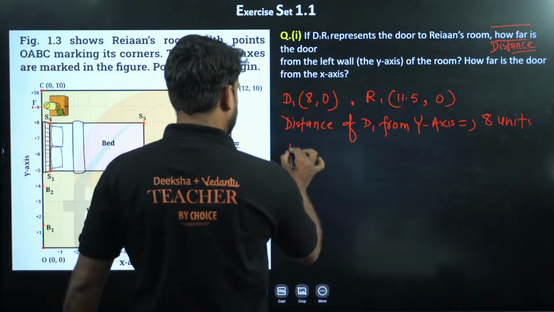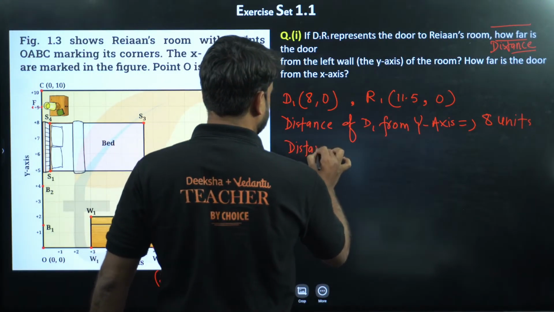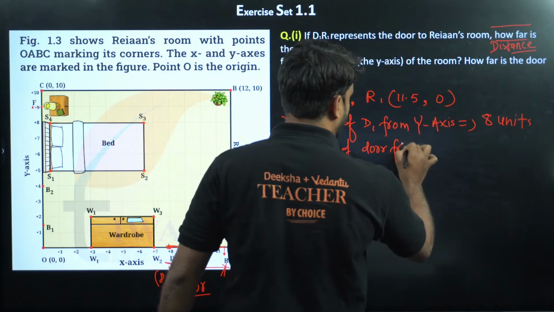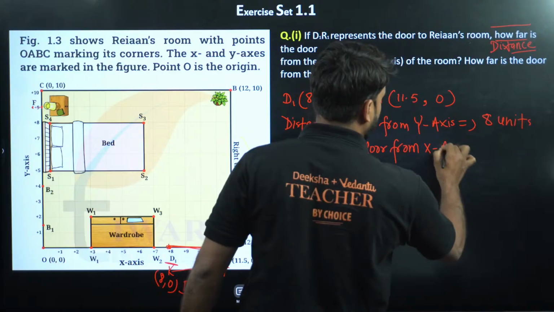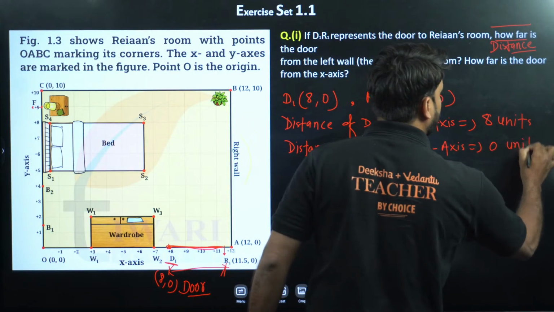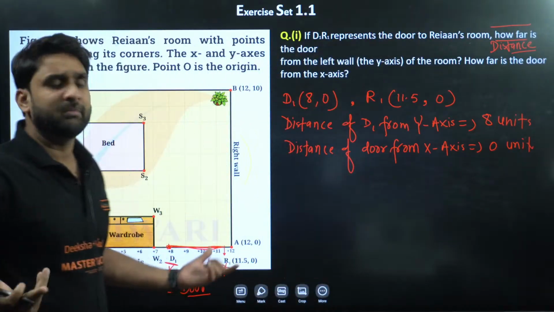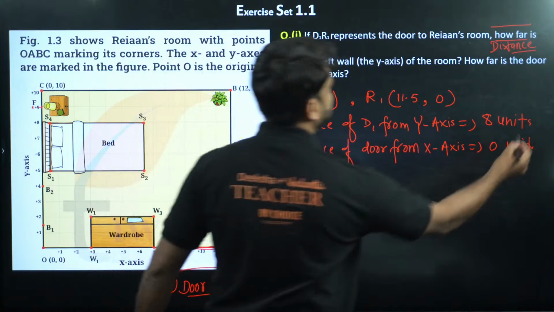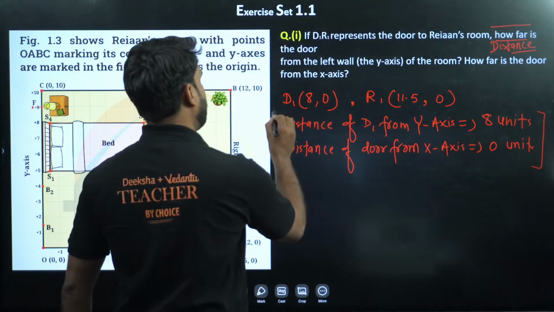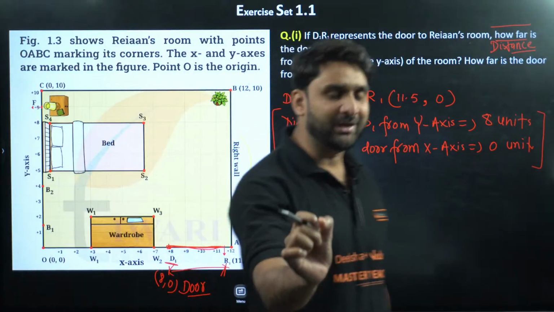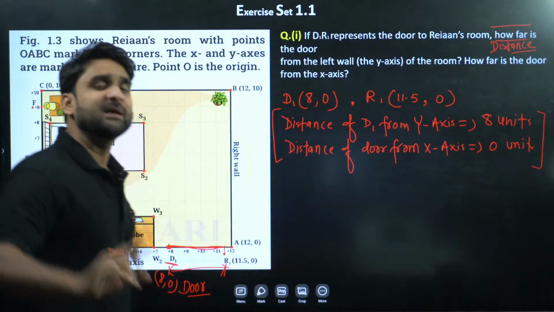So we can mention here the distance of the door from the x-axis will be, come on, 0 unit, because the door is itself on the x-axis. So this is the first answer. I hope this is clear to you all. We have solved the first question. The answer of the first question will be 8 units and 0 units. Is it clear to all?